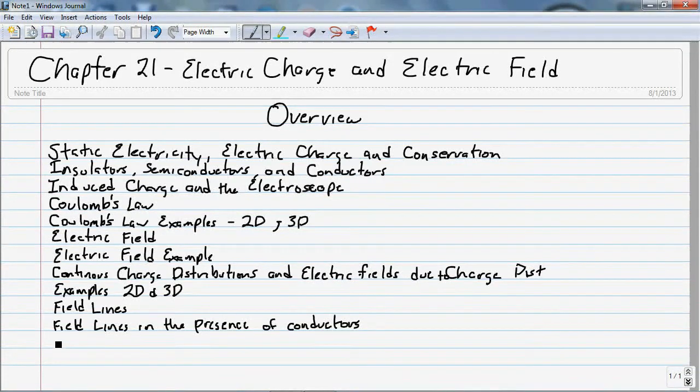We'll talk about particle motion under the influence of an electric field.